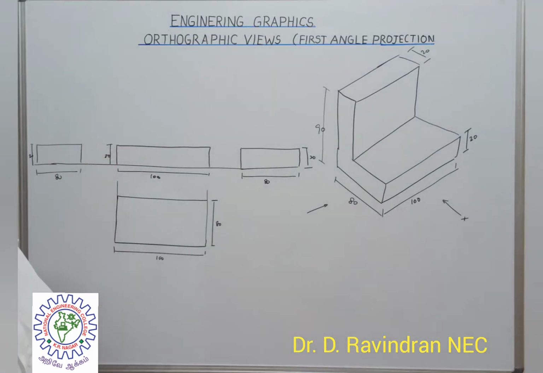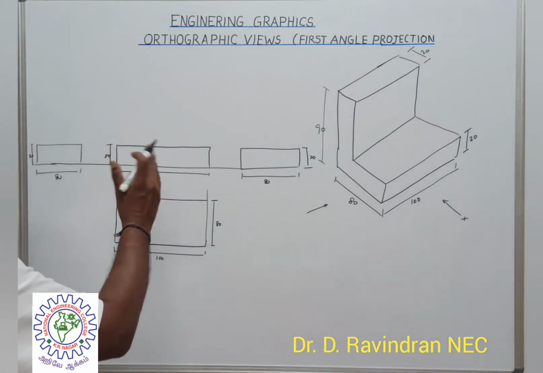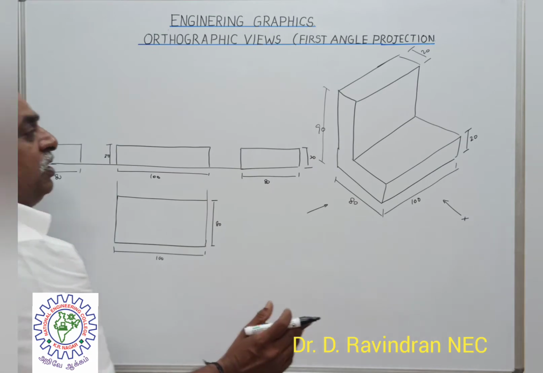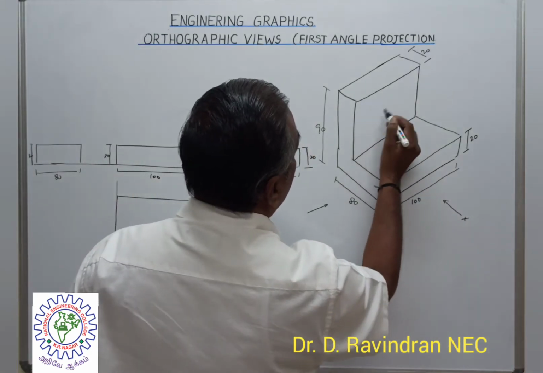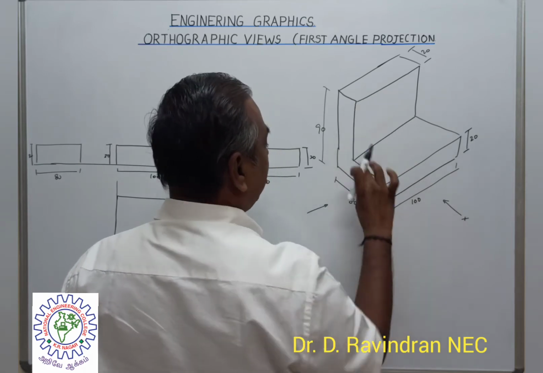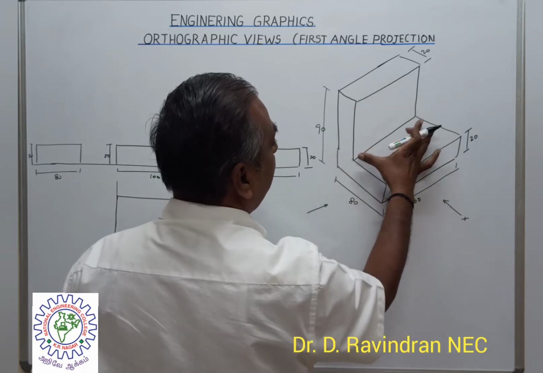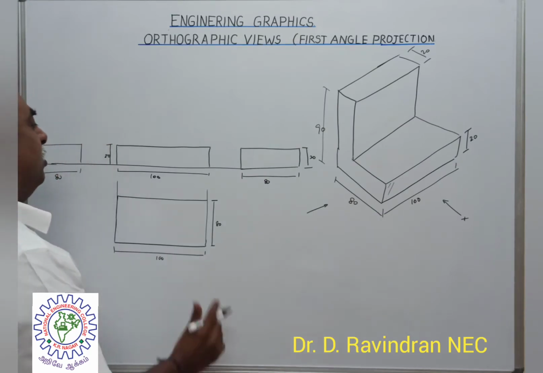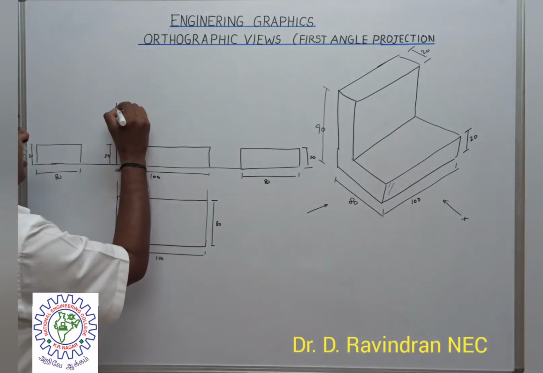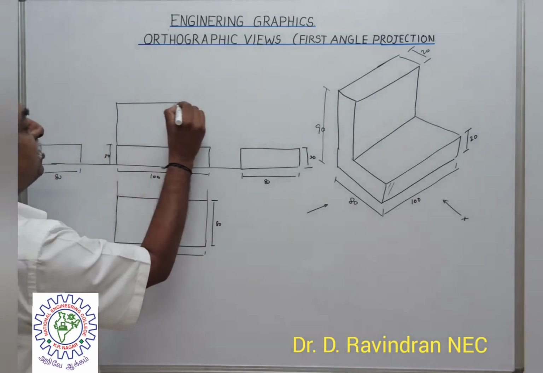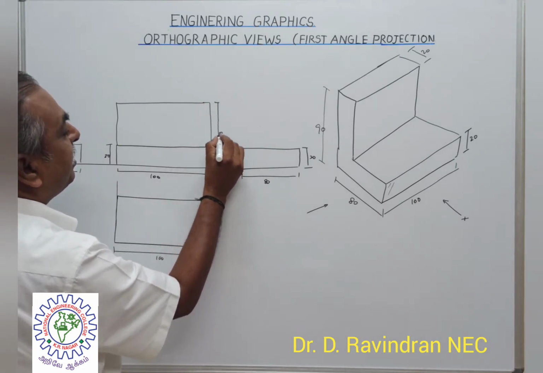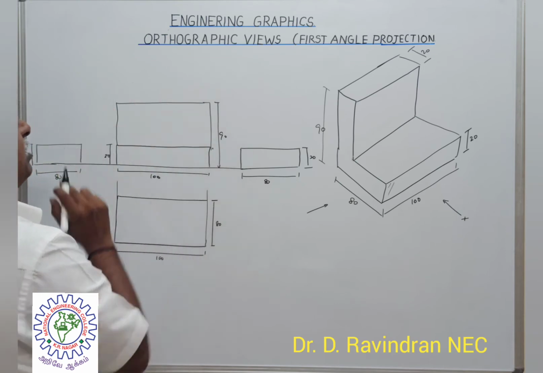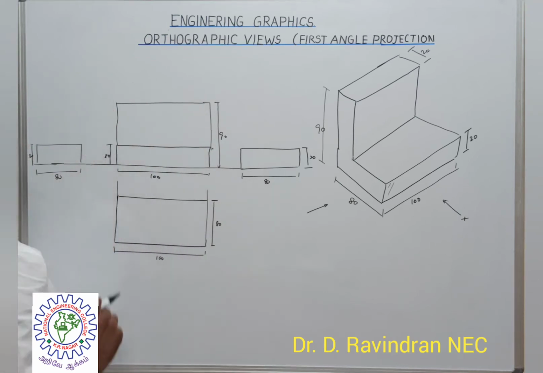Now it's an L slab. See, what is the change in the front view? When you see the front view, not only this area, but this rectangular area, that means this 90 minus 20, that is 70 by 100, also will be visible. So we can modify this here in the front view like this. Total distance will be 90, from here it will be 70. Already it is 20. So this is going to be your front view.